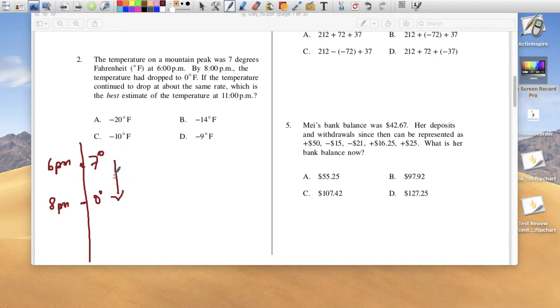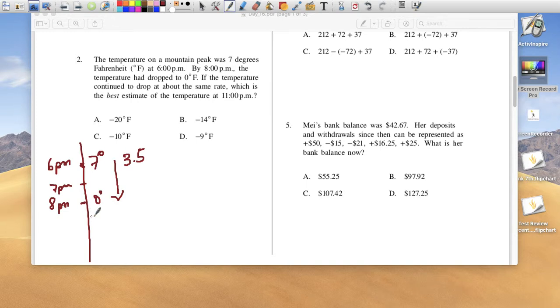Which means every hour, and let's put 7 p.m. over here, assuming it's dropping at a constant rate, it drops 3.5 degrees. So from 6 to 7, it dropped 3.5, and from 7 to 8, it dropped 3.5. 3.5 degrees is your constant drop.